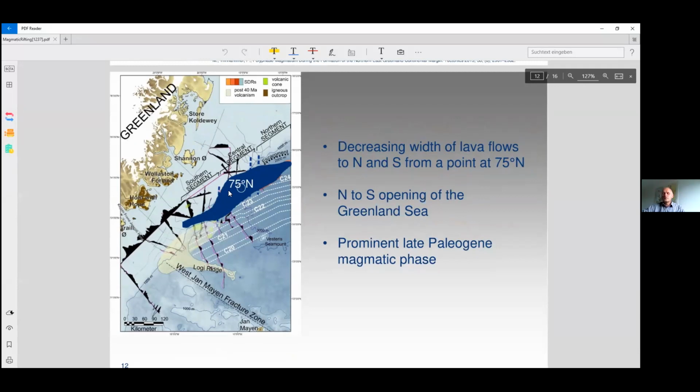We cannot prove it because we do not resolve the dikes in the seismic data, and we would need to show the dike trend to really be sure they point to a common location. That can't be shown. So we can just derive some ideas from analogs, and for me the West Greenland area could be such an analog.